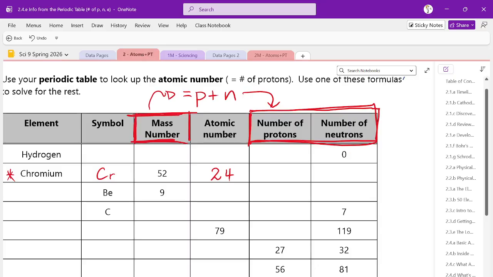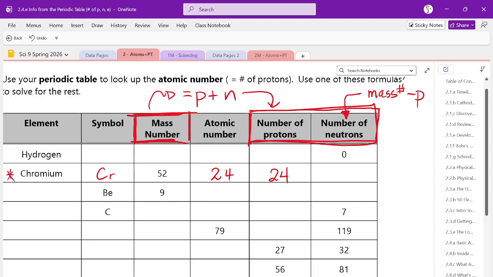How many protons does chromium have? 24. Now this is the only one that's tricky. How do we find the number of neutrons? The number of neutrons is the mass number minus the protons.